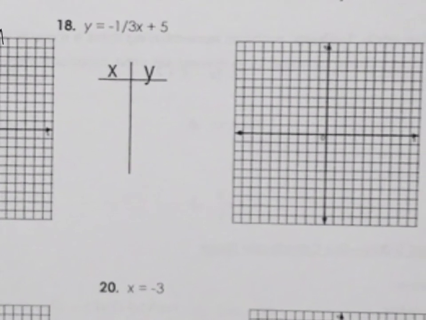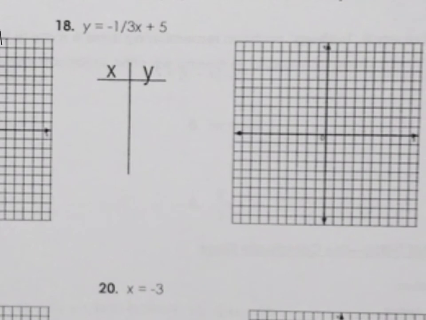Okay, on number 8, this one we're multiplying by a negative 1/3. So I would pick numbers that are easily divisible by 3. So these are the numbers that I would do. 1/3 of 0 is 0. 0 plus 5 is 5. So over 0, up 5. The next one I have 3. So 1/3 of 3 is 1, but there's a negative there. A negative 1 plus 5 is 4.